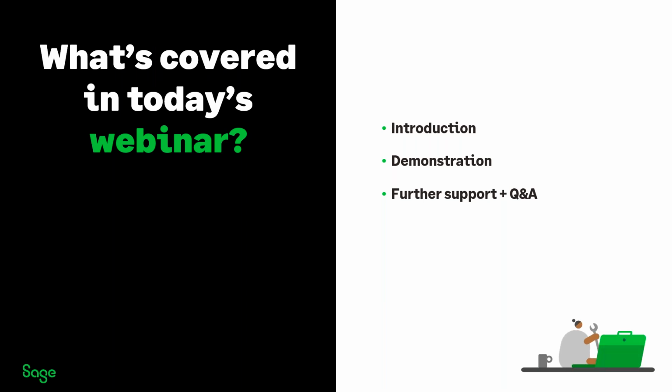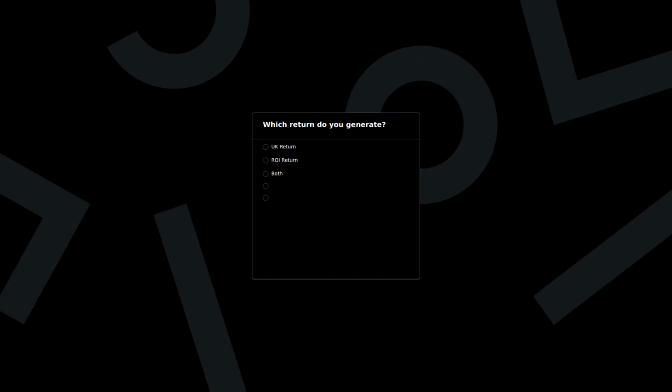Now, just before we get stuck into the webinar itself, I'm going to pop a poll on your screen. So let me just quickly select that, and I'll pop that on your screen. If you could get involved, I have a quick question for you. Which return do you generate? Is it a UK return? Is it a return for the Republic of Ireland, or do you do both?